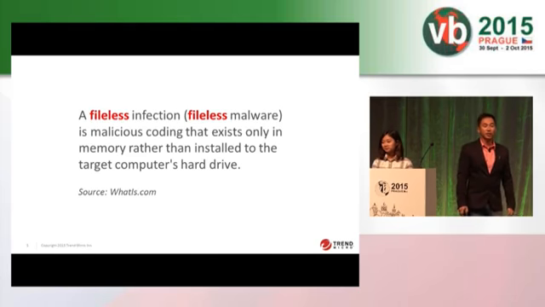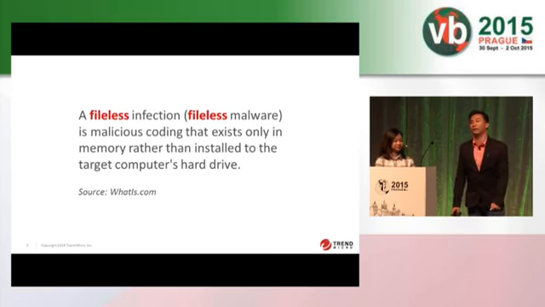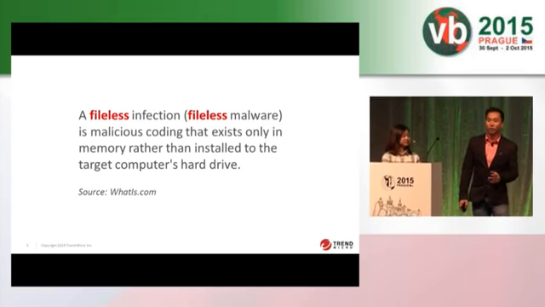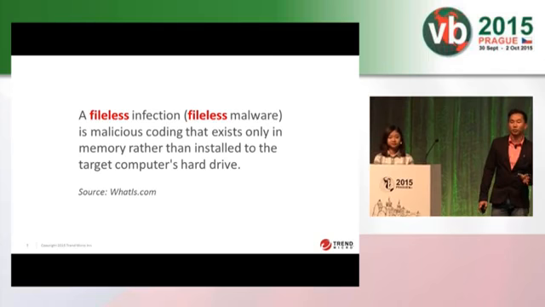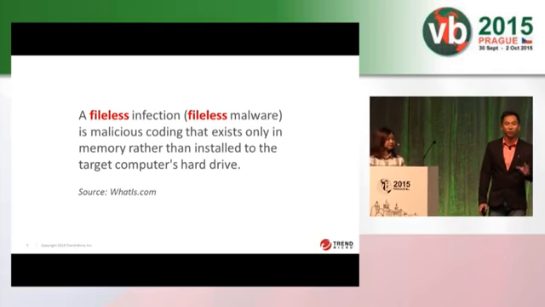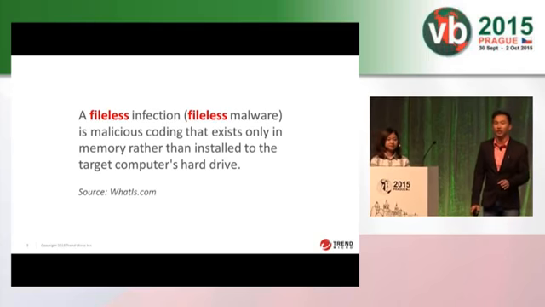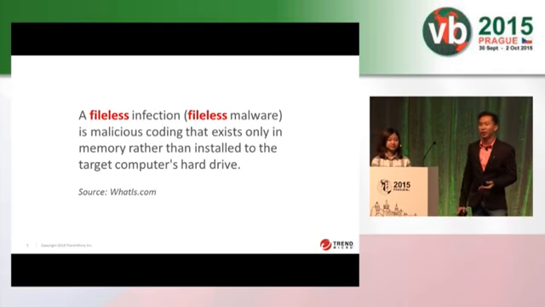This is malicious code that exists only in memory rather than being installed onto the target computer's hard drive. The code is written directly into the system's RAM, injected directly into running processes such as, let's say, explorer.exe or svchost.exe.